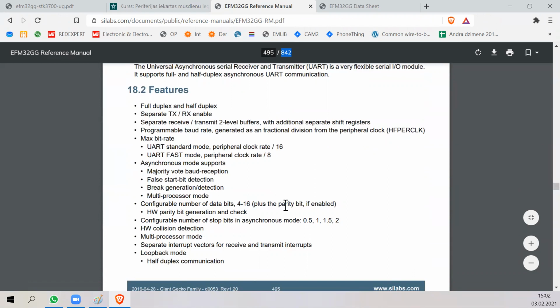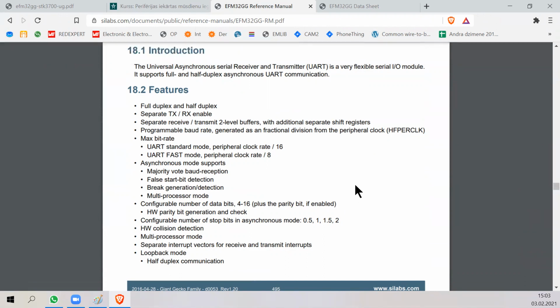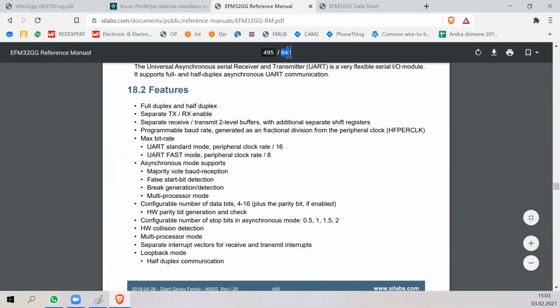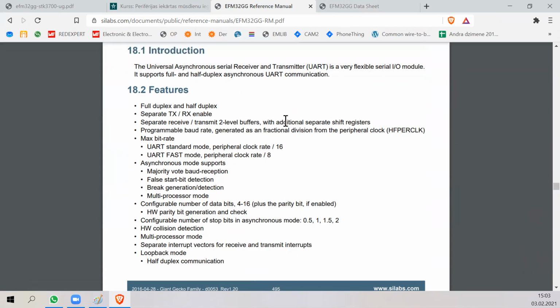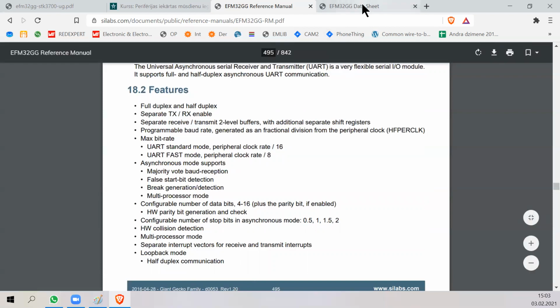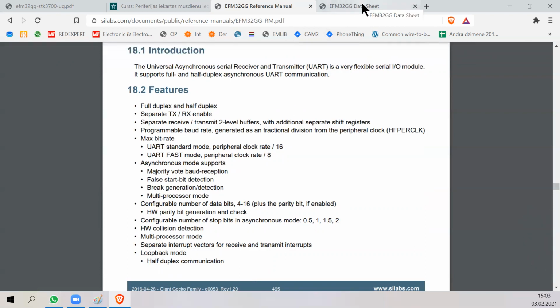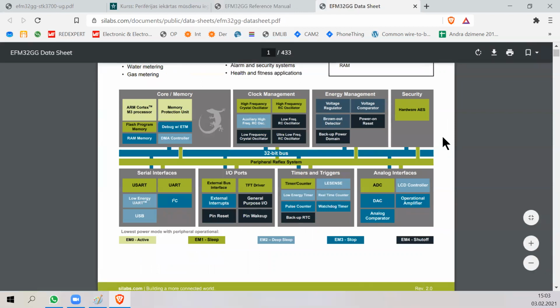Some other microcontrollers, for example, you can choose only 7, 8, or 9 data bits, and so on. So this describes the features. And we will just go through the main, most common peripherals, and we will study their features. It's not really that complicated. And just do it in small baby steps. Okay, and the datasheet is electrical parameters.